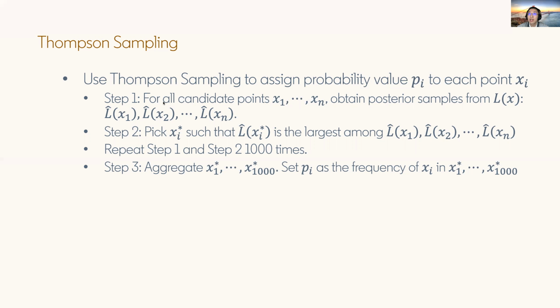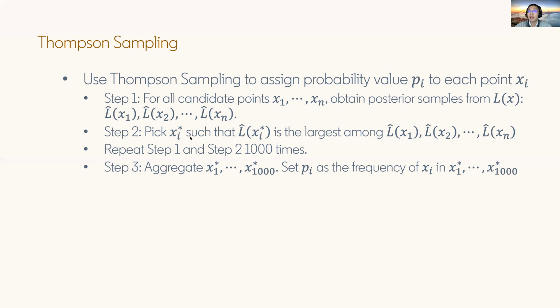The first step is that for all the candidate points, x1 up to xn, we first obtain the posterior samples from L of x. I put a hat here: L hat x1, L hat x2, up to L hat xn. So they are n real numbers.